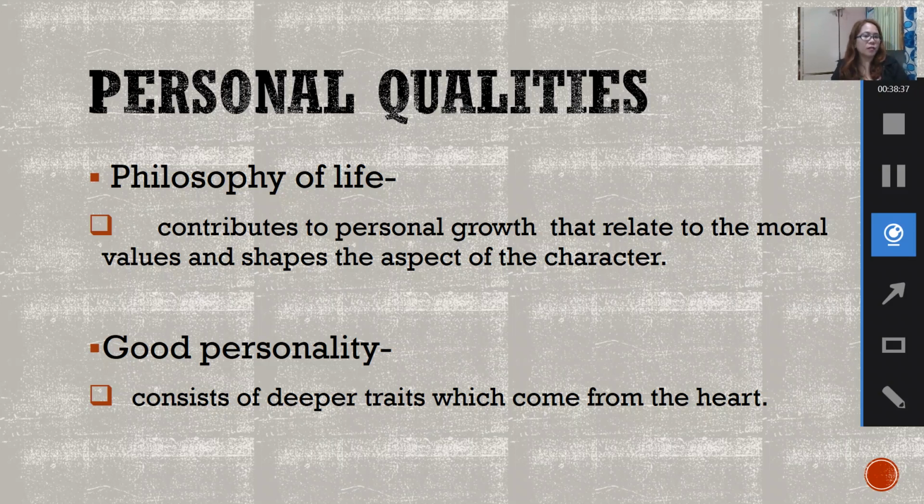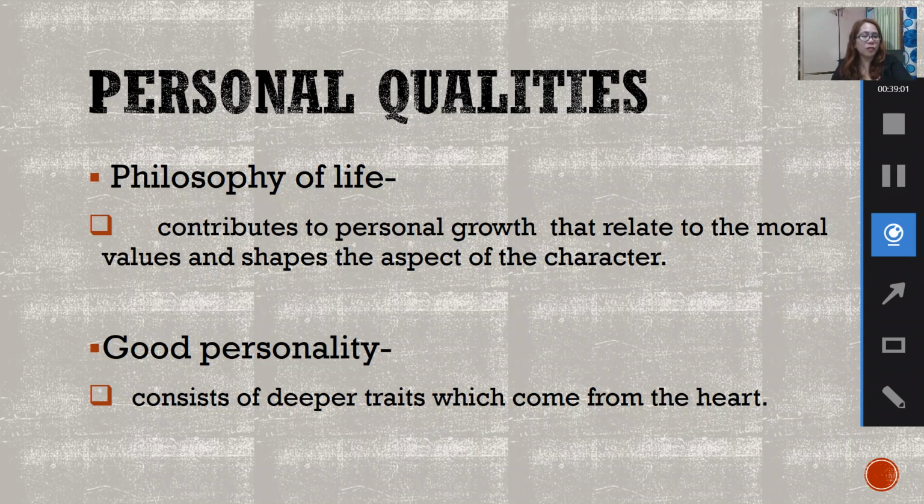Another one here is the philosophy of life. So, personal qualities also include the philosophy of life. It contributes to personal growth. You need to have your own philosophy of life, right? You need to have one, because as they say, theories can be learned at school.